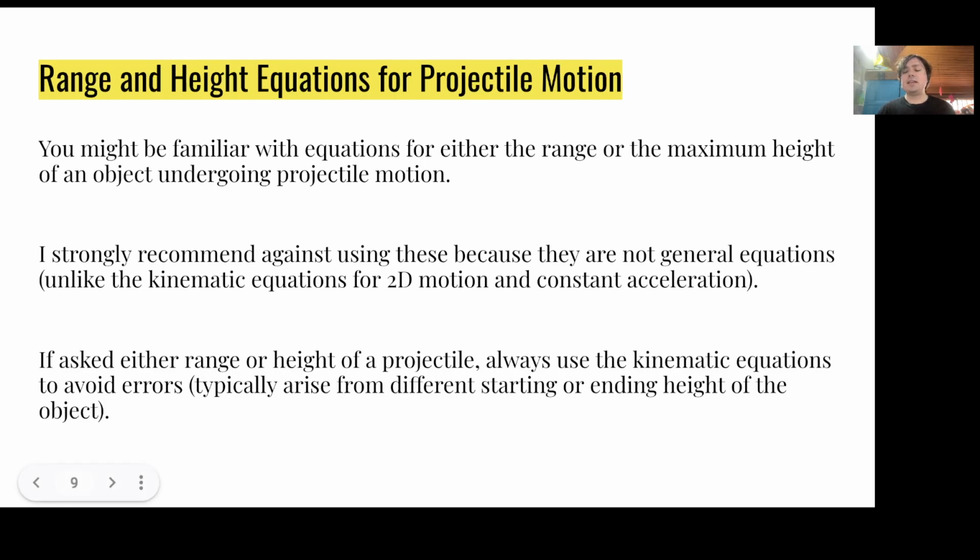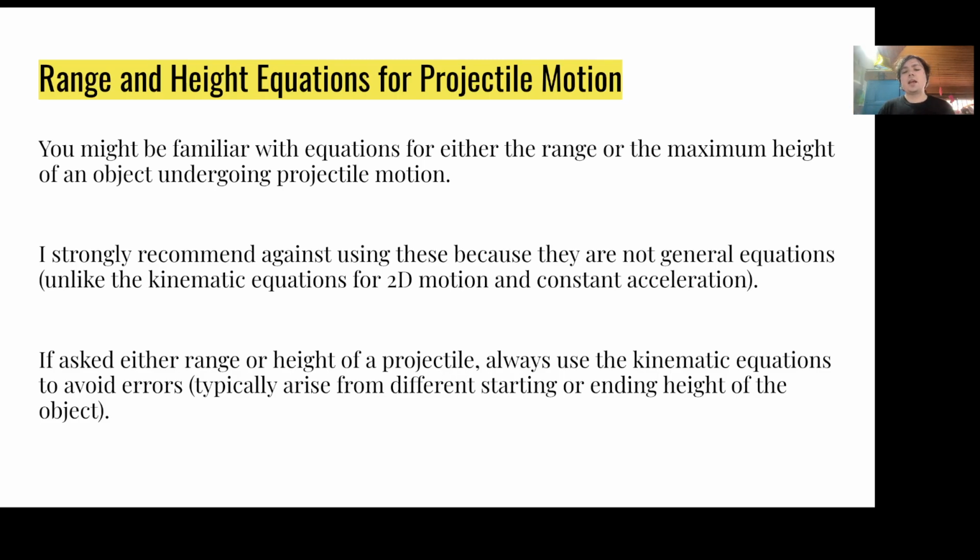Typically what happens is that you'll have a problem where you're asked for the range of a projectile. Say, a ball is thrown at a given angle, and how far does it go if the initial velocity overall is 10 miles per hour.